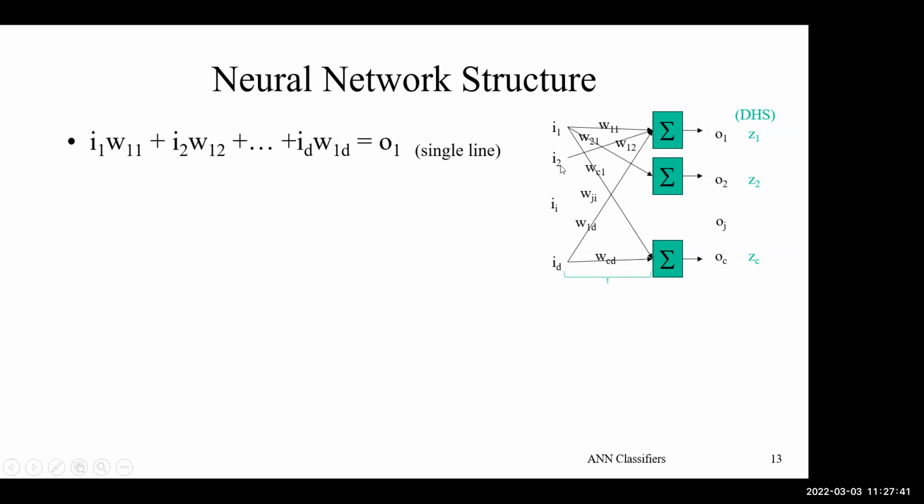I1 times W11, I2 times W12, down to ID times W1D will form output 1. And we can continue that down till we get over here. For output C, I1 times WC1, plus I2 times WC2, down to ID times WCD gives us our last one, and there's a whole bunch in between.